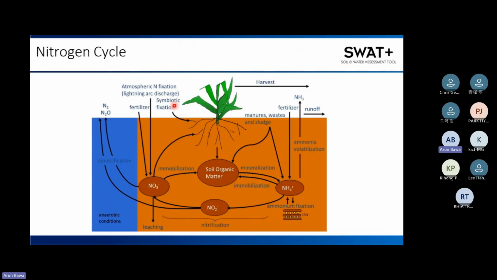Then you have some of the legume crops that also use atmospheric nitrogen and dump it into the soil. So all these different kinds of inputs you can give to SWAT, and then SWAT takes those inputs and simulates the entire nitrogen cycle: how much goes under immobilization or back to mineralization, and how much nitrogen goes under nitrification.